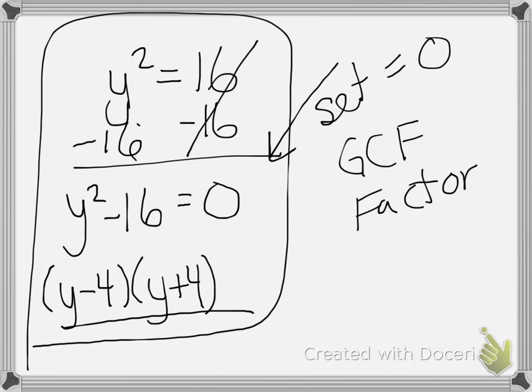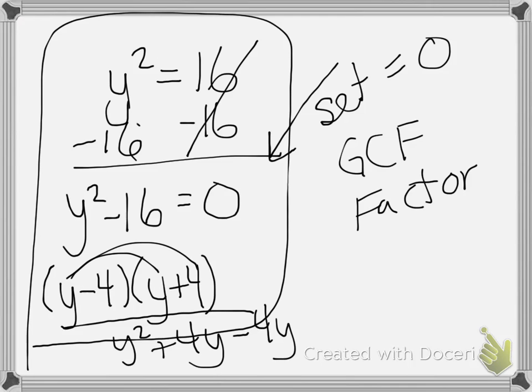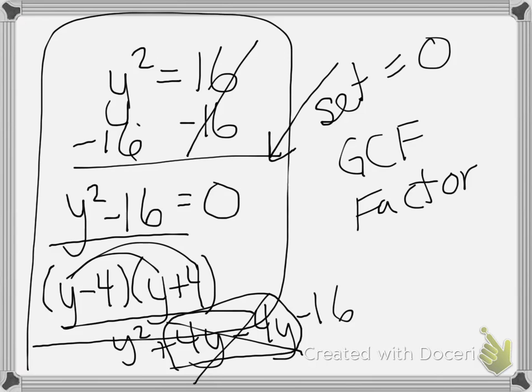If you want to look at it and you want to understand it, if I FOIL these, I get y squared, I get a 4y, and then I get a minus 4y, and then minus 16. And when I go to combine these, they disappear. And I don't know that you would have just seen that from looking here without going through that section. So we'll move on.